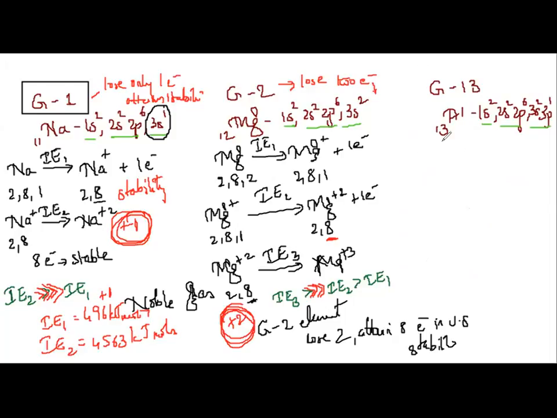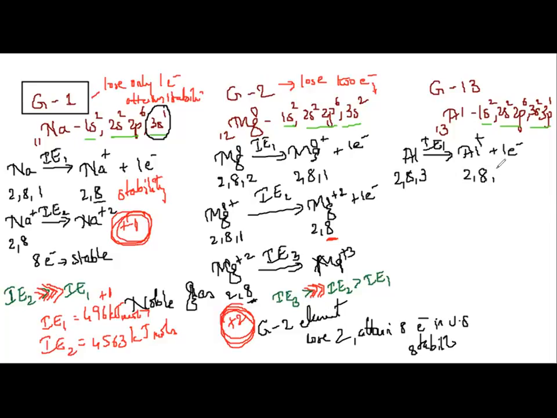Fine. The atomic number of aluminium is 13. So I can write aluminium. When you apply the first ionization energy, this can be represented as 2, 8 and 3. So aluminium will lose 1 electron and forms the Al plus ion.